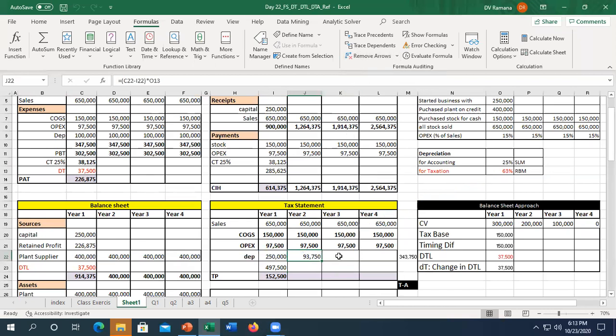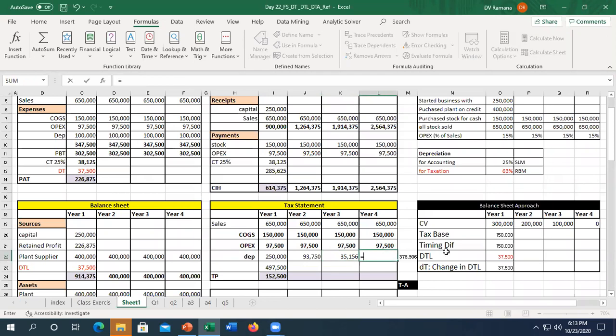Okay. So in the third year, 400,000 minus 250,000 minus 93,000 into the tax rate, 63. So depreciation is 35,156.